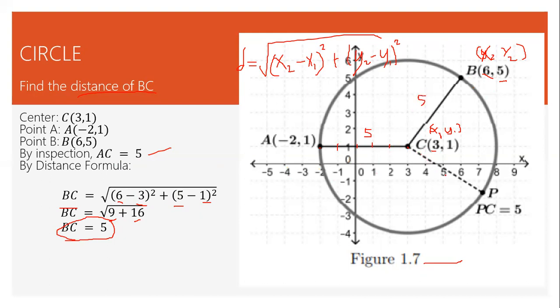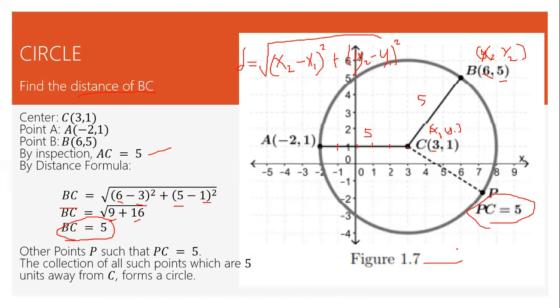It is also given here that line PC is equal to 5. So other points P such that PC is equal to 5, the collection of all such points which are 5 units away from C forms a circle. So if we draw 5 units around, you can create a circle.